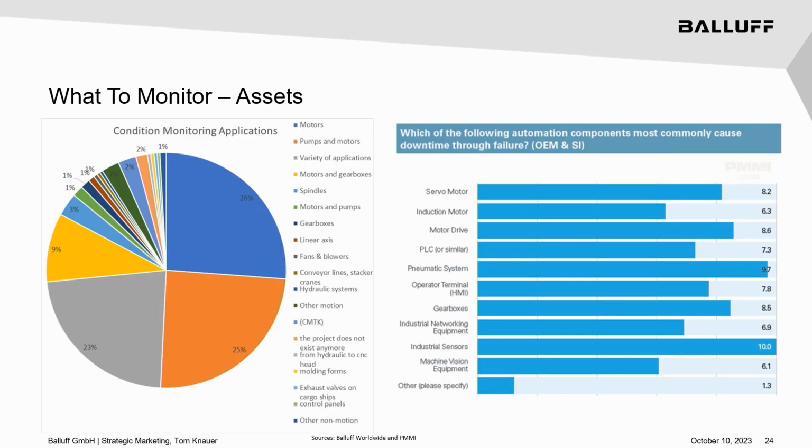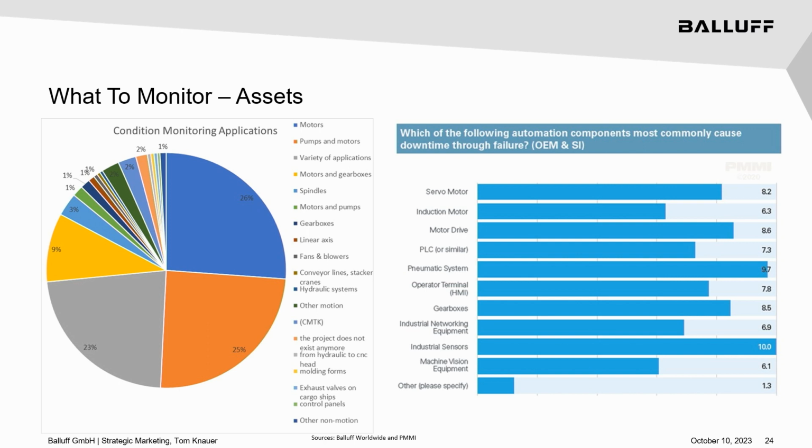Based on some research that we've done and that the packaging machine organization did, we see a couple of different pieces of data here from the marketplace. Our data shows that the most common applications for condition monitoring are things like motors, pumps, fans and blowers, linear axes, and gearboxes. The high proportion in this chart shows that customers are doing a lot on the motion side.